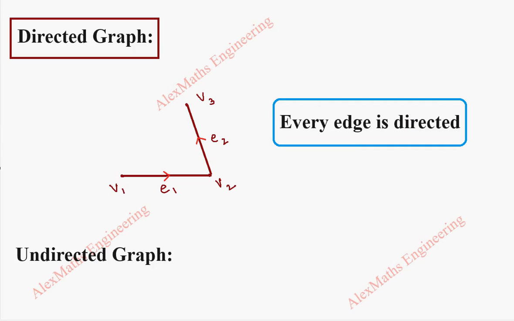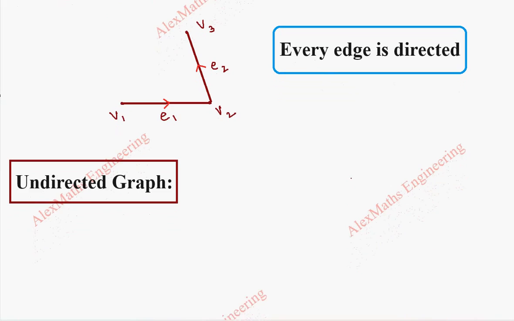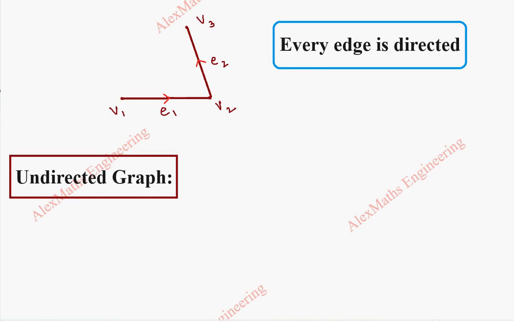And if the edges are not directed, then it is an undirected graph. We can take the same example, taking the vertices v1, v2 and v3, and we have the edges e1 and e2.